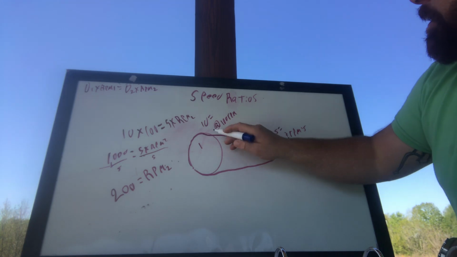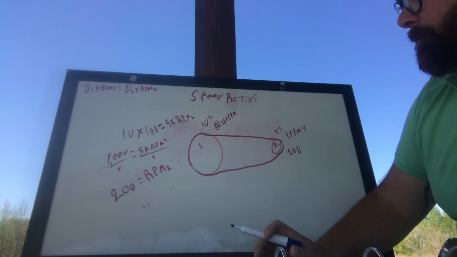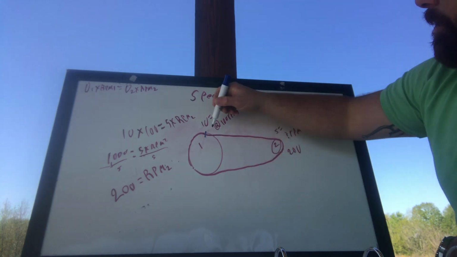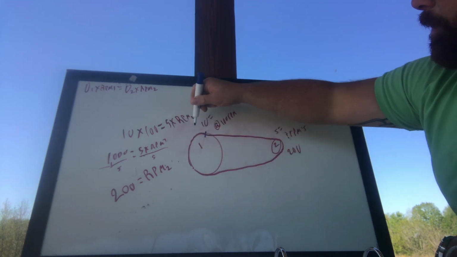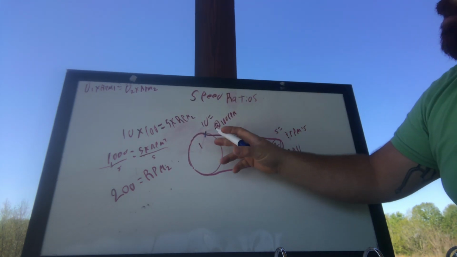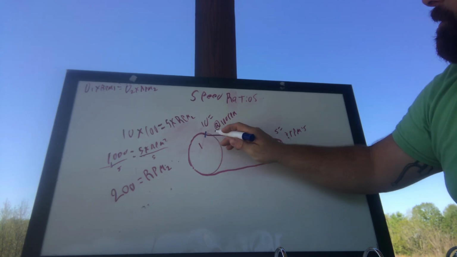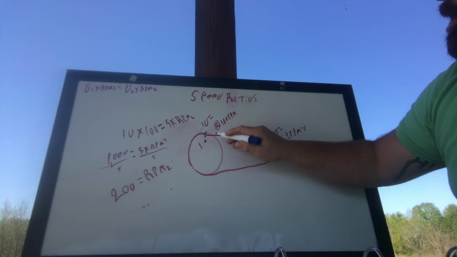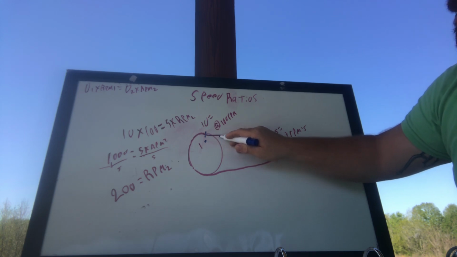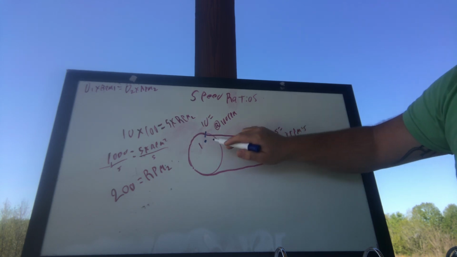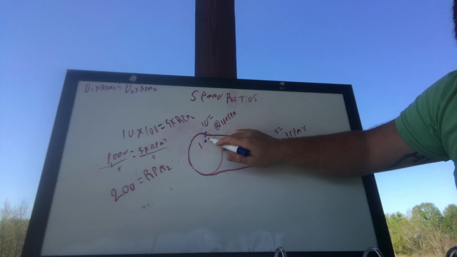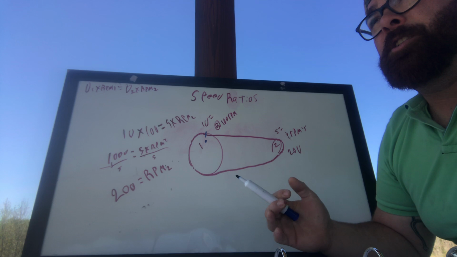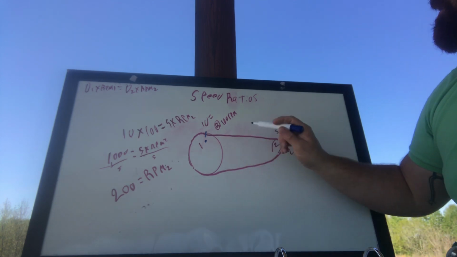So once again, think back to what I said earlier. If I were to take this blue line and put a mark right here, and we turn this one complete revolution, the belt will travel the distance of the circumference, which is 10 inches times 3.14, 31.4 inches.